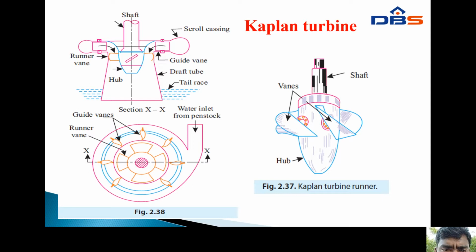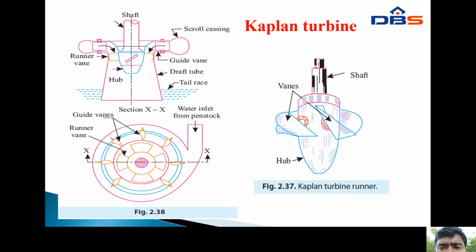Next, in the bottom figure, we see the guide vanes, the runner, and the water inlet from the penstock, where water is taken into the penstock. The guide vanes and runner vanes are arranged as blades, and these parts are the same as in the Francis turbine.